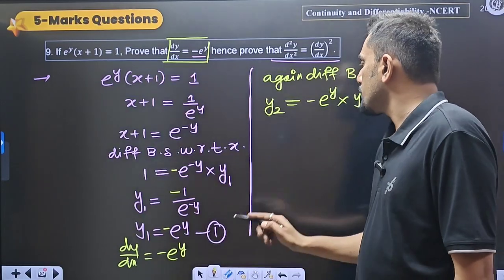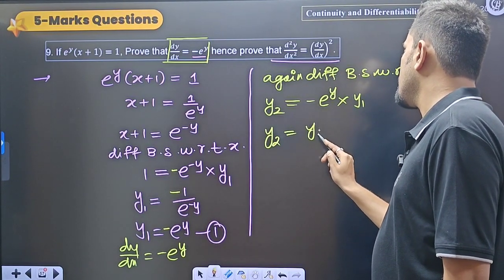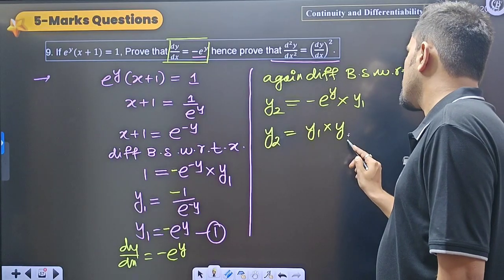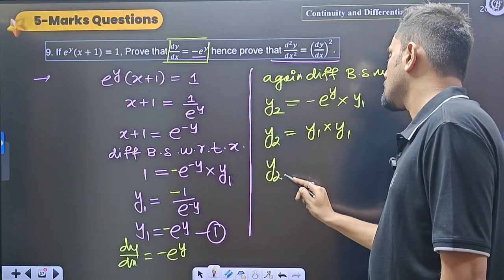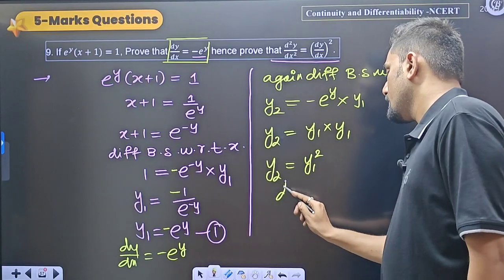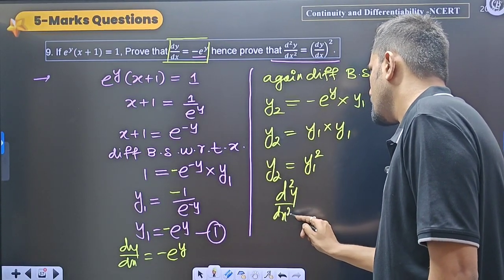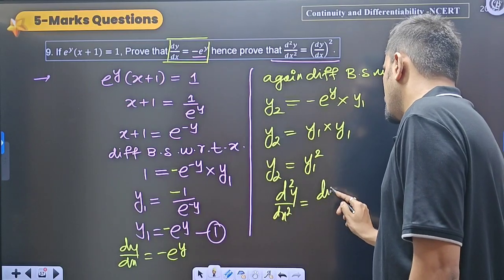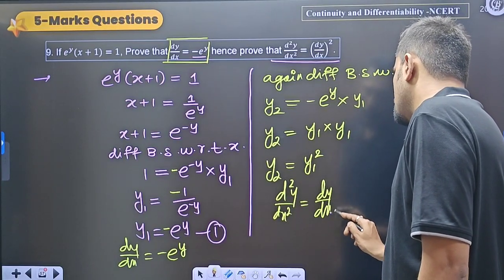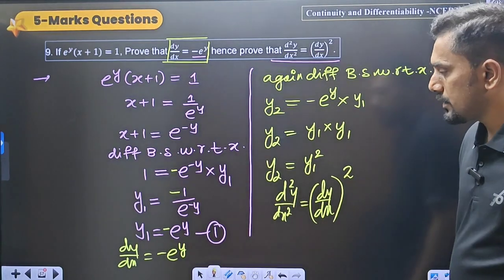That is nothing but y1. So y2 is equals to y1 into y1. So y2 is equals to y1 square, which is nothing but d square y by dx square is equals to dy by dx whole square, which is the required proof.